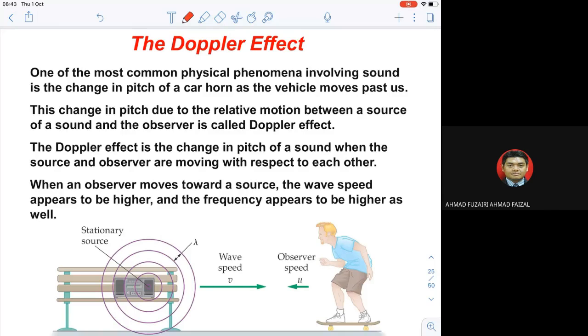Okay, now let's continue. So this is the Doppler effect. For those still remembering when our nation was hit by the news of the loss of MH370, they were always talking about the Doppler.